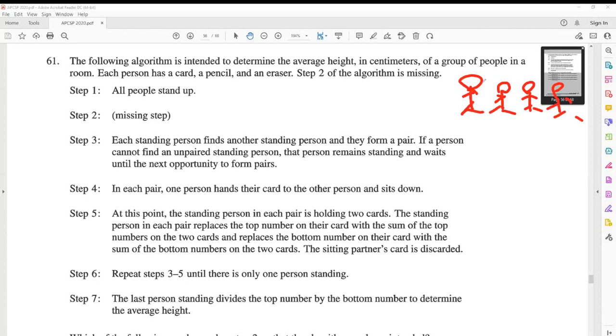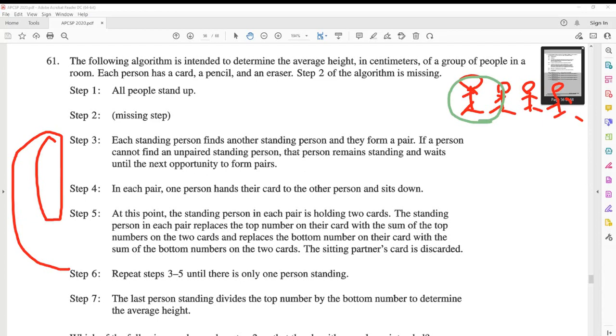Okay, step 2 we don't know, and you will repeat steps 3 to 5 until only one person is standing. So you are going to repeat 3 to 5 many times. Each standing person finds another standing person and they form a pair. But if there is an odd number of people, one person cannot find a pair.